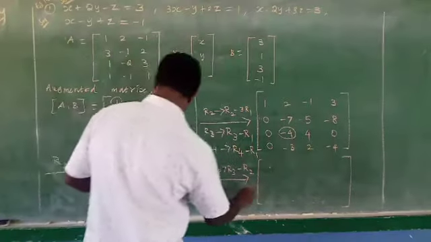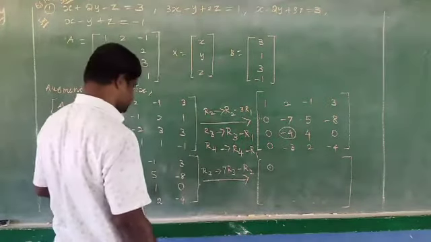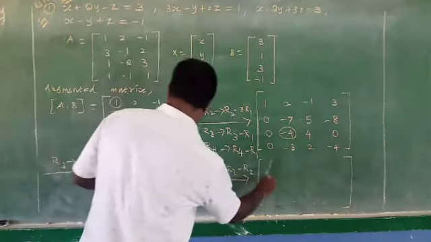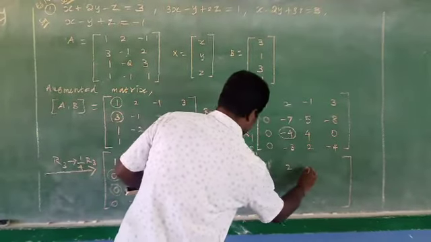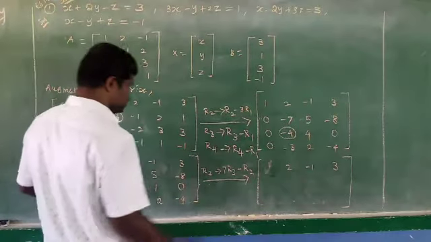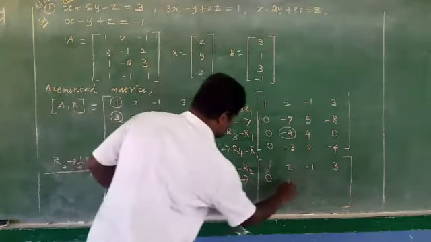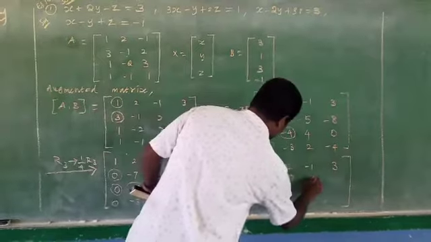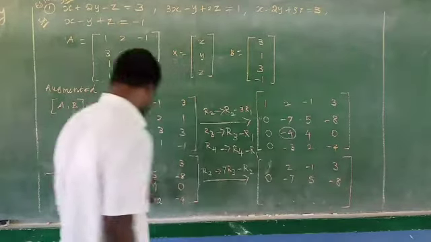What is the value? We can write the first row and the second row. 1, 2, minus 1, 3. And 0, minus 7, 5, minus 8.